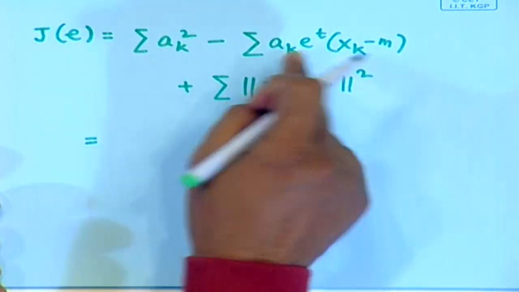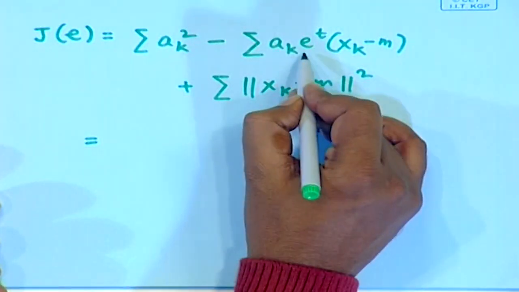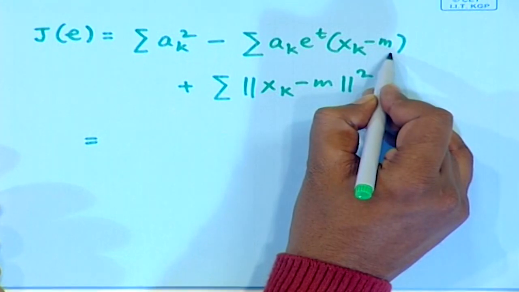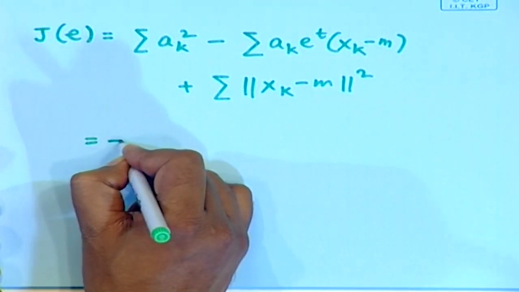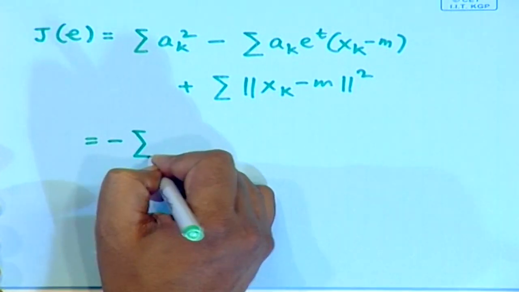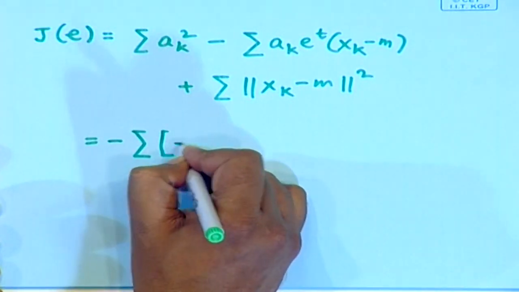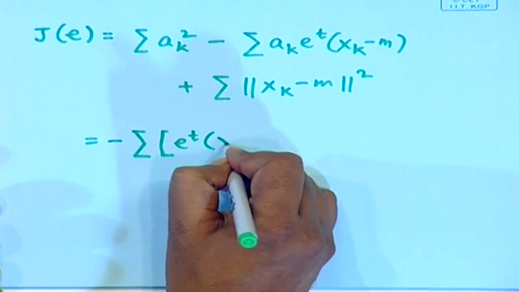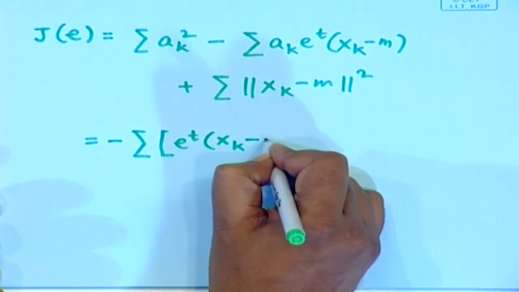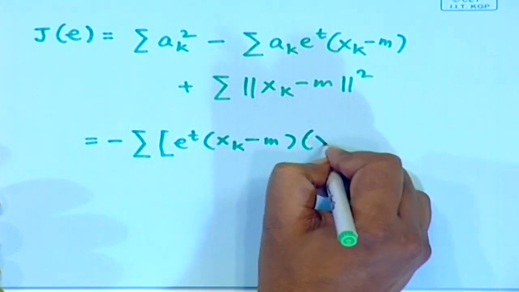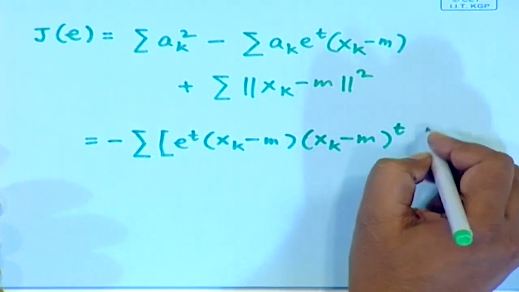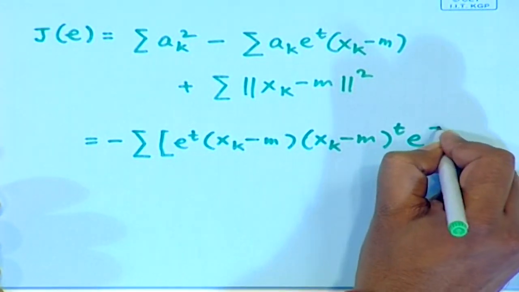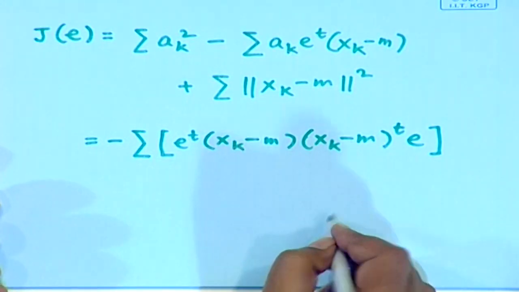So effectively I get minus summation of AK square, and AK is nothing but E transpose xk minus m. So I can rewrite this expression as minus summation of E transpose xk minus m into xk minus m transpose into E.